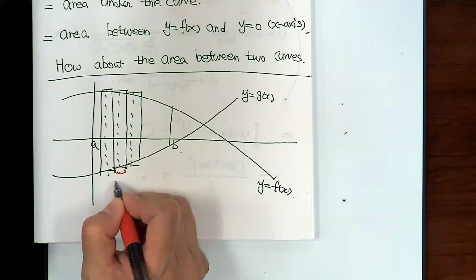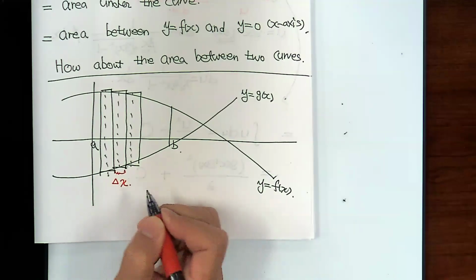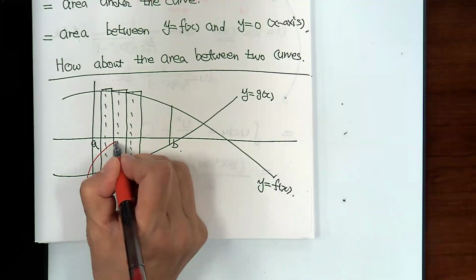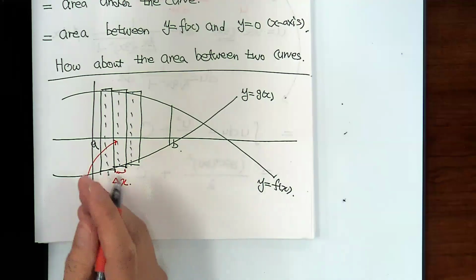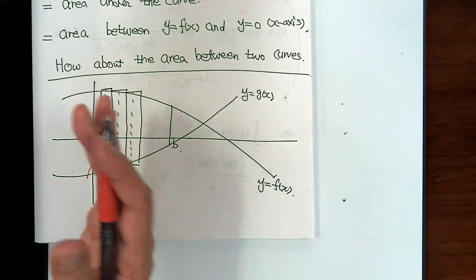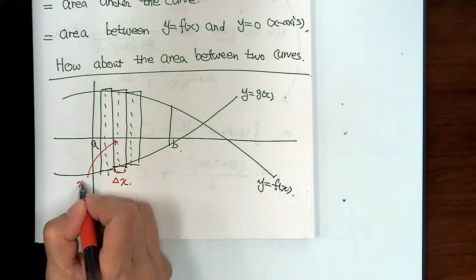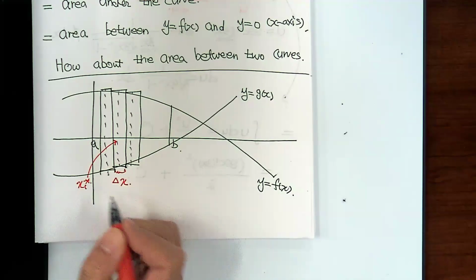And this one is delta x, and this random midpoint is xi star.